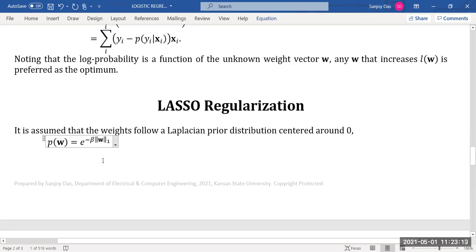W equals a vector of all zeros. This will have the highest probability. Actually, there would be some constant k here, but I'll ignore that. So this P of W is some constant C.